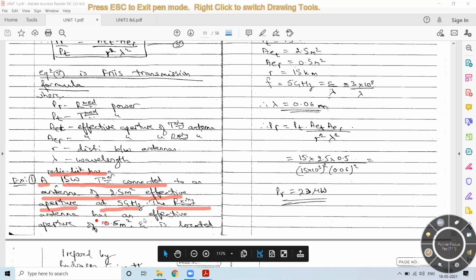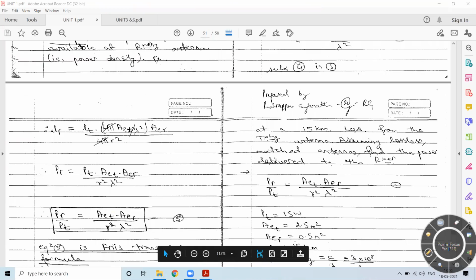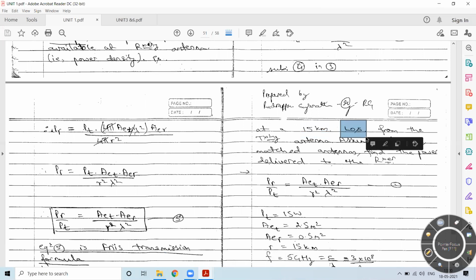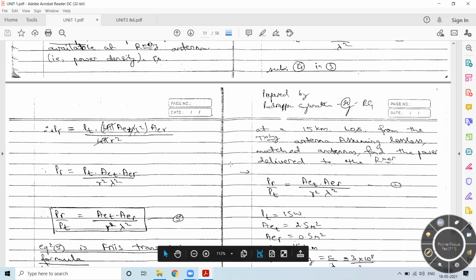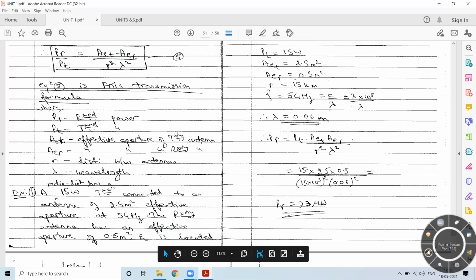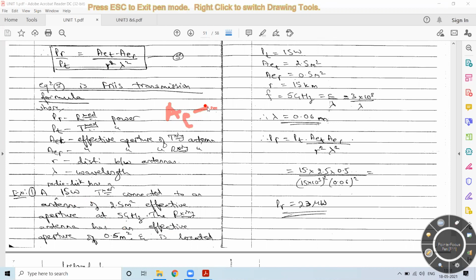The receiving antenna has an effective aperture of 0.5 meter square, and it is located at 15 kilometer line of sight from the transmitting antenna. Assuming lossless matched antennas, find the power which is delivered to the load. So if you observe here, what are the parameters given? Another thing to note is that the unit of effective aperture is meter square.